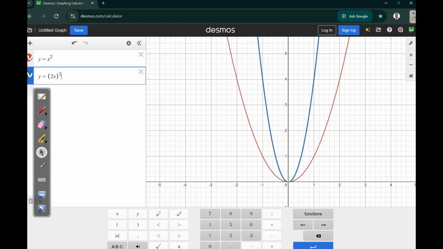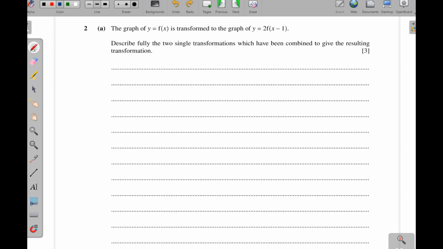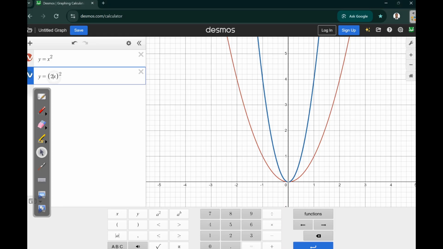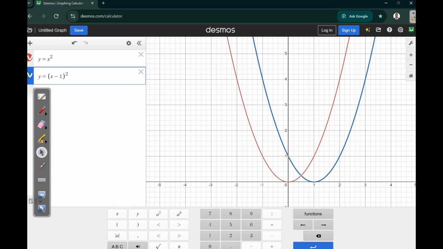In fact, let me not use this one here because I'm seeing there is x minus 1. So when I come to this one here, I'll just put x, then minus 1. You see that I've put a minus inside here, but I have gotten my graph shifting to the right by 1 unit.